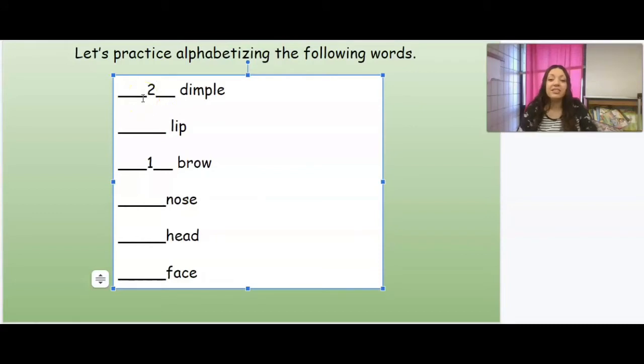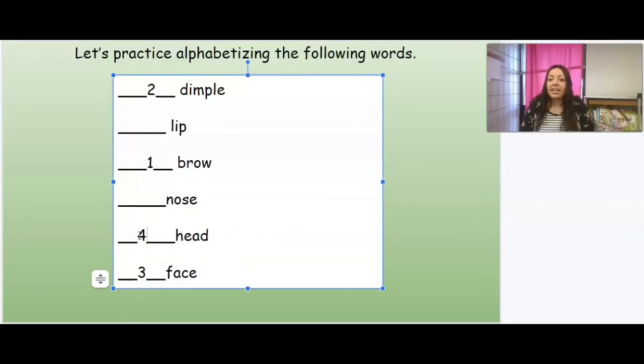What letter comes after D? D, E, F. Very good. Do I have a word that starts with F? I do. Down at the bottom. What word is that? Face. So F, then G, H. Anything that starts with H? Yes, I have the word head. So I'm going to put the number 4 by it.